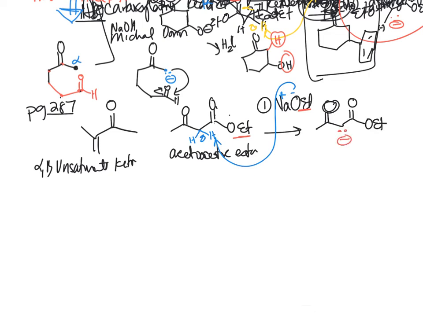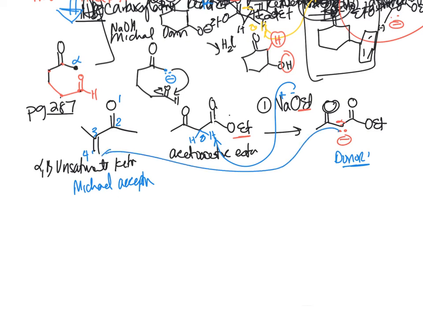Okay, so there's your alpha carbon, there's your enolate. And then the second thing, this will add to the Michael acceptor. This is our donor, the carbon nucleophile. 1, 2, 3, 4. So it's going to add to the 4. We show that here.